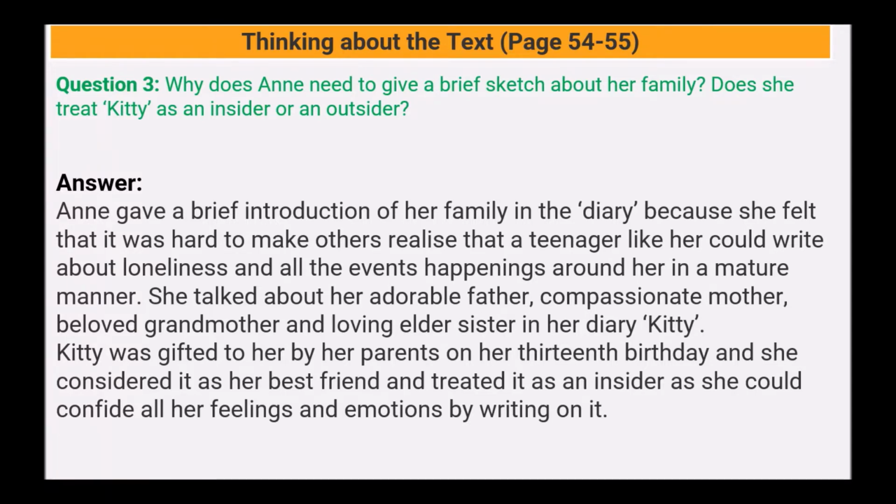She talked about her adorable father, compassionate mother, beloved grandmother, and loving elder sister in her diary, Kitty. Kitty was gifted to her by her parents on her 13th birthday, and she considered it her best friend and treated it as an insider as she could confine all her feelings and emotions by writing on it.